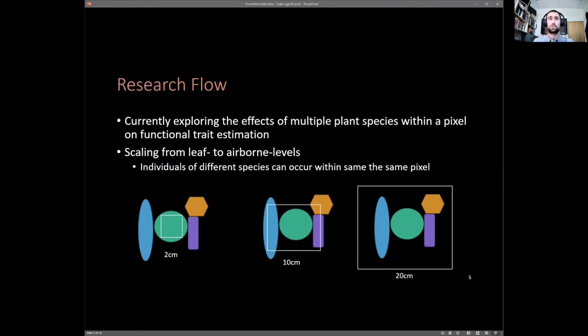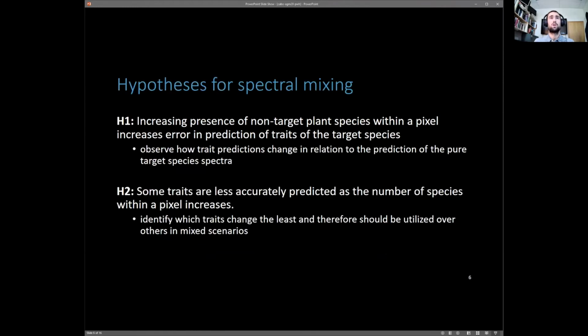Especially in the Cowichan Garry Oak Preserve, individuals of different species can occur within the same pixel. You can see from this abstract diagram below that as the pixel size increases, plants with smaller footprints can start occurring in the same pixel. So essentially, we're trying to figure out what effect that has on trait estimation.